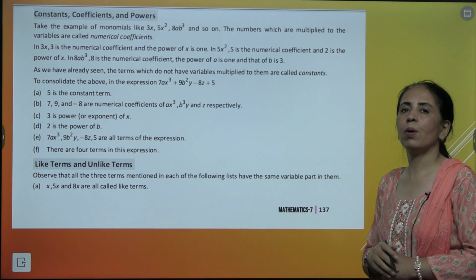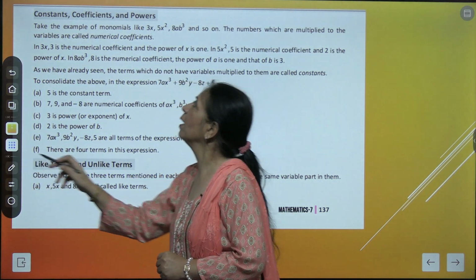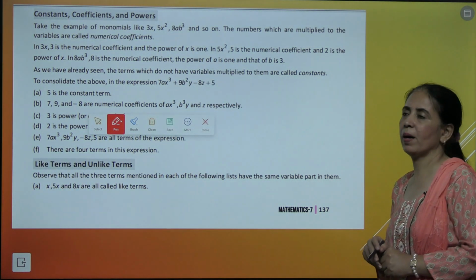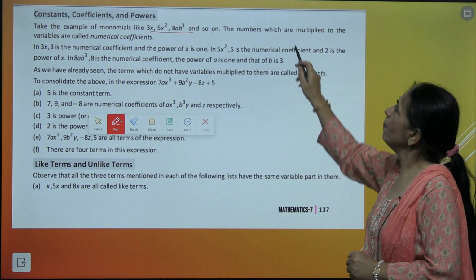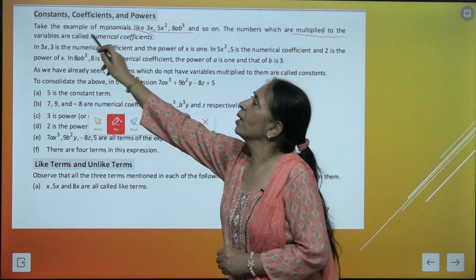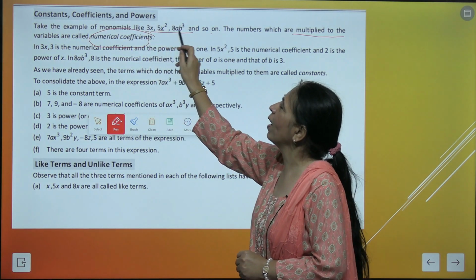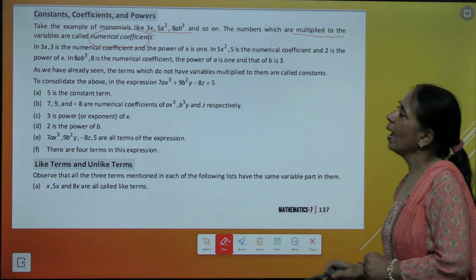And let's move further. We'll be talking about the coefficients, then constants, and after that, we'll also learn about parts. So let's take the example of these monomials. The numbers which are multiplied to the variables, we call them the numerical coefficient. So here 3, 5, 8 are all numerical coefficients, right?